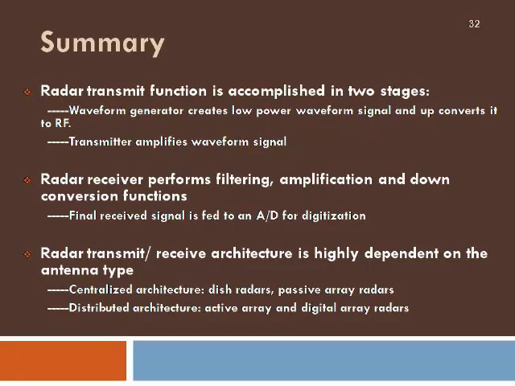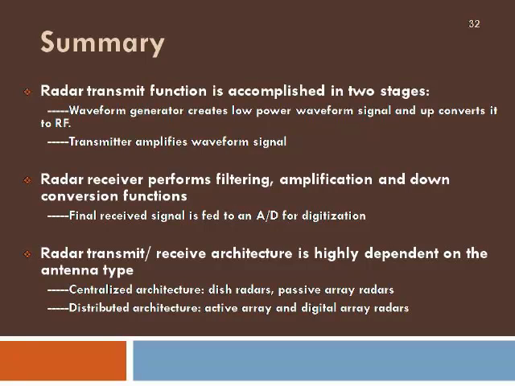Let us summarize whatever we have learnt so far. The radar transmit function is accomplished in two stages. One is the waveform generation, which creates a low power waveform signal and upconverts this to the RF level. Then the second part is the transmitter amplifier, which is going to amplify this to the required power level. Then the radar receiver performs filtering, amplification and down conversion functions.